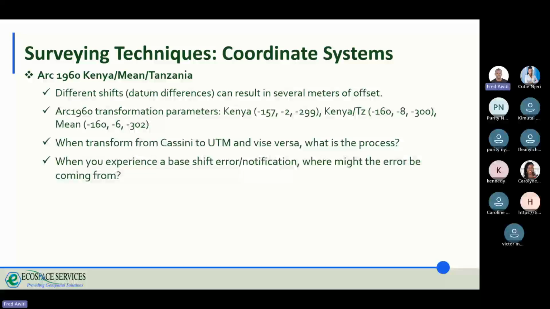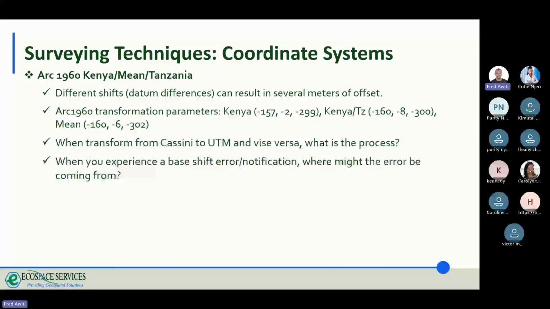Remember, your GNSS receiver by default receives positions in WGS84. You interpret corrections in UTM. So by default, most of the units are in the UTM projected coordinate system.